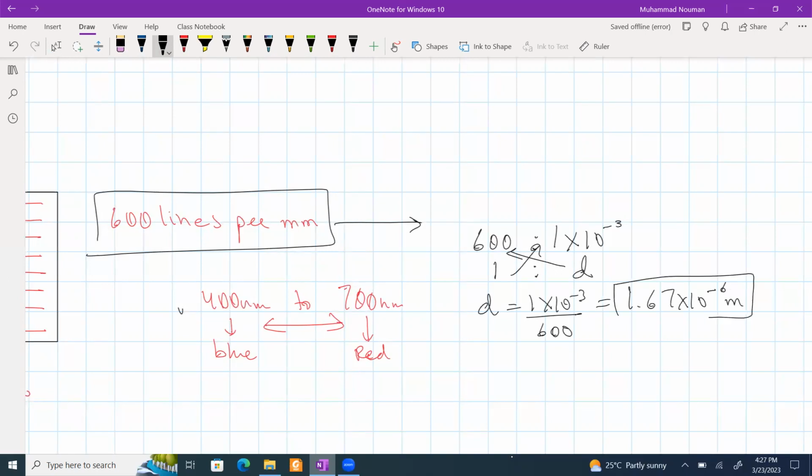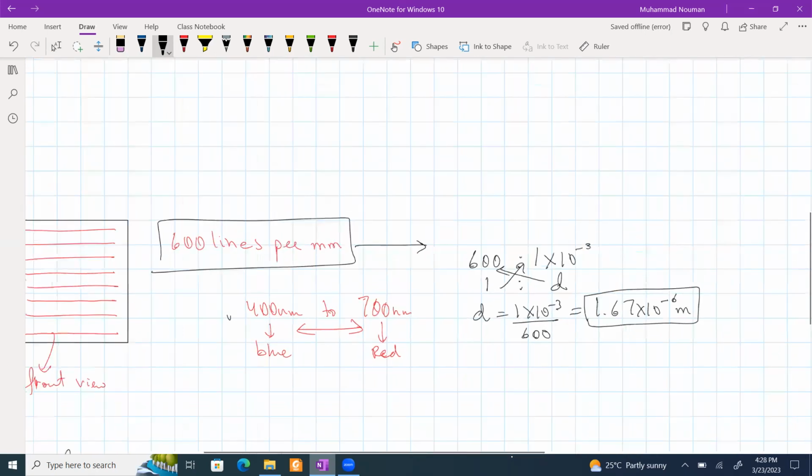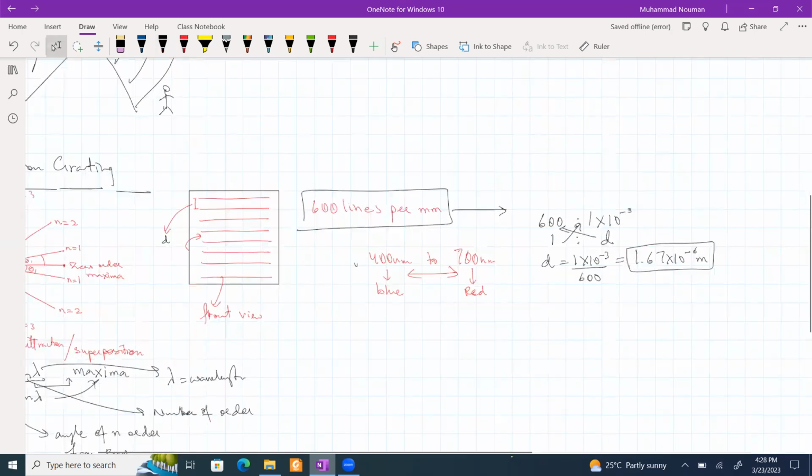This is the value of D. This is the width of one slit only for the light, and that's the reason why the light can diffract when it passes through this small gap. Because the wavelength is short, the gap should also be very small, right? So this is how we find the value of D.